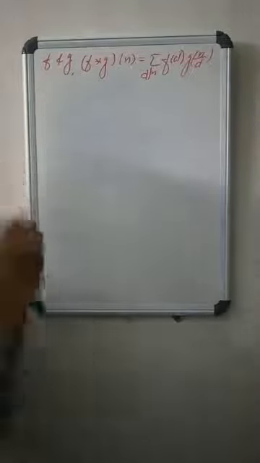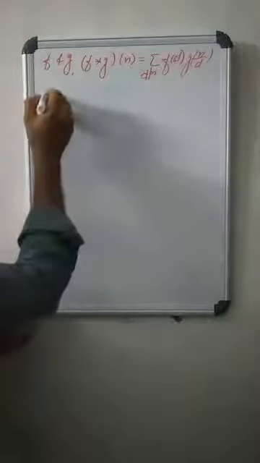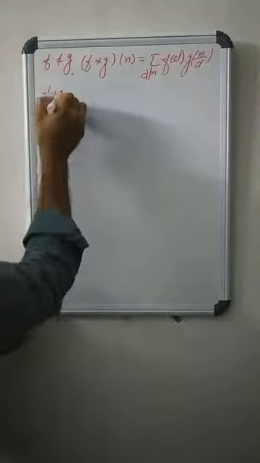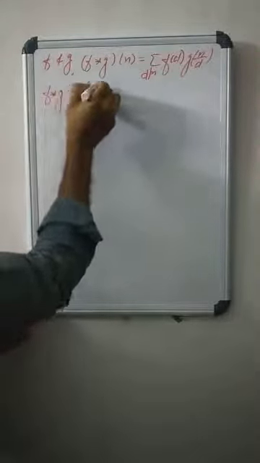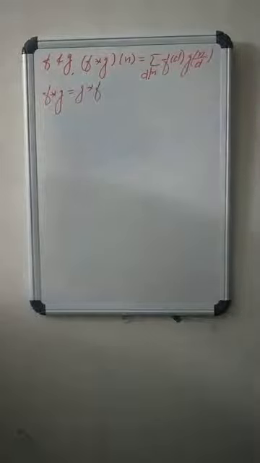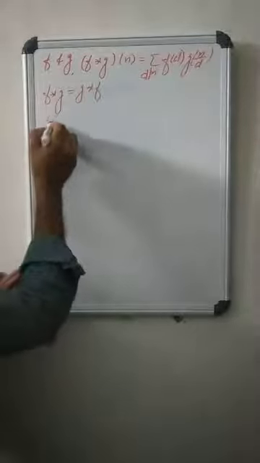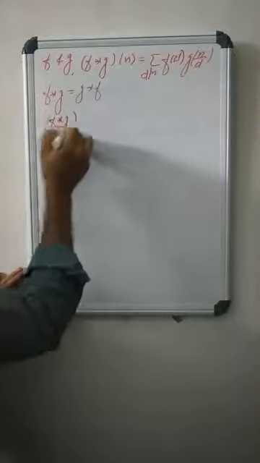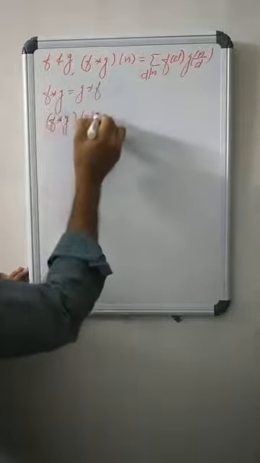First one: it is commutative. That means we have to show that f star g equals g star f, where f and g are any two arithmetic functions. How to prove this? What about (f star g)(n)?